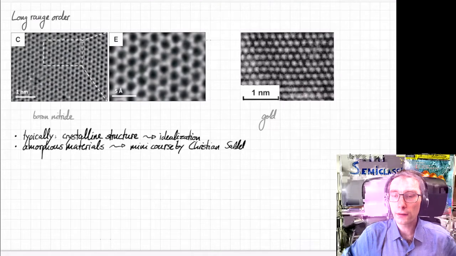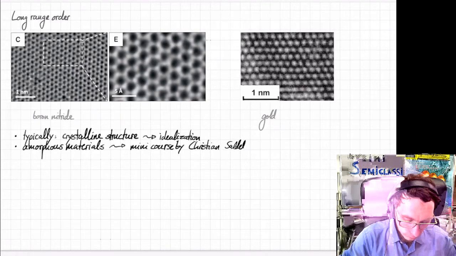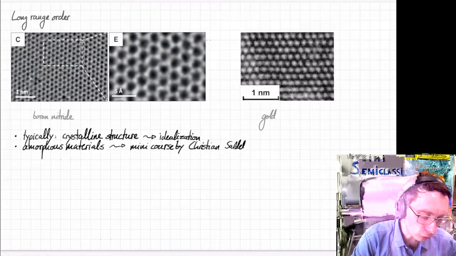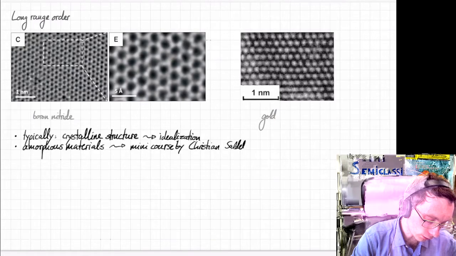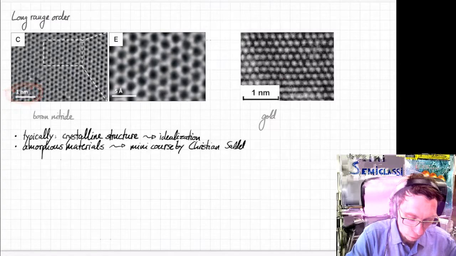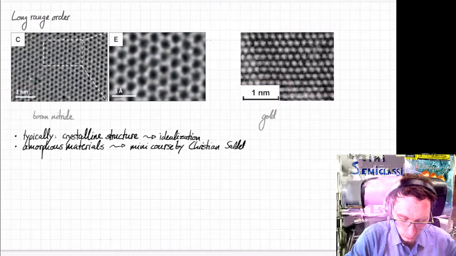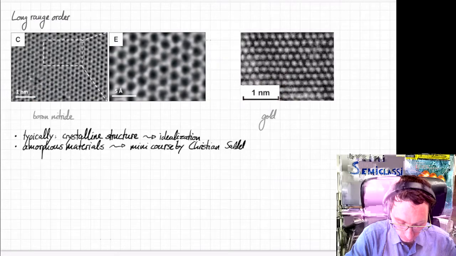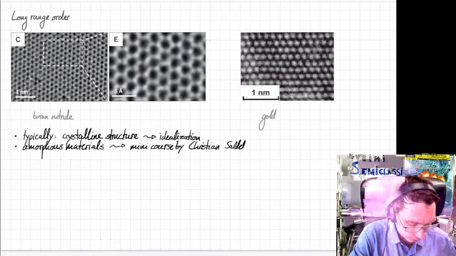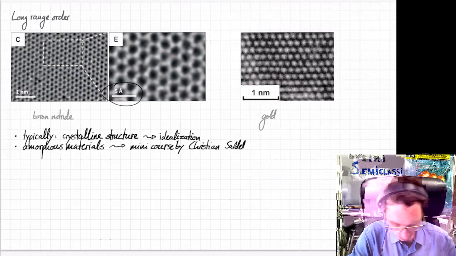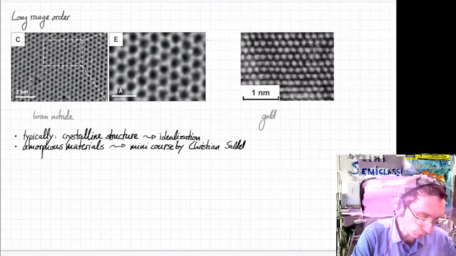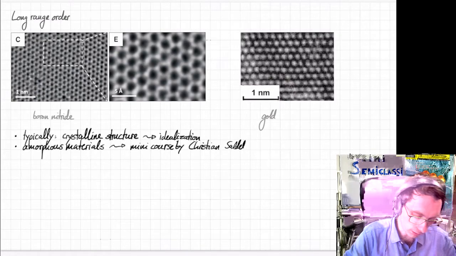There's also something that we can already infer here. And that is, and that's why I chose these pictures here, there is a spatial scale involved. So 1 nanometer is 10 to the minus 9 meters. And 1 angstrom is a tenth of a nanometer, so it's 10 to the minus 10 meters.